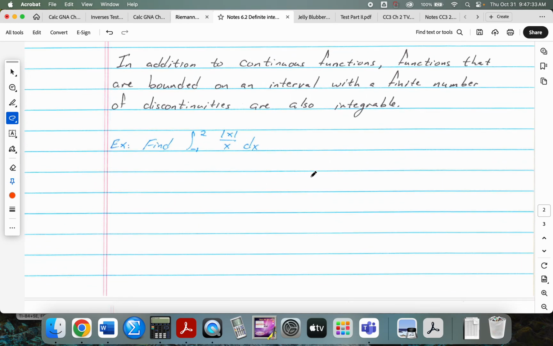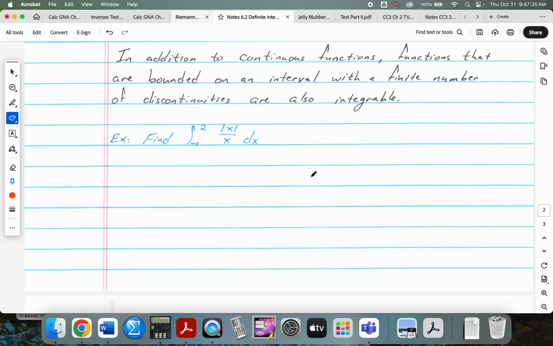All right, in addition to continuous functions, functions that are bounded on an interval with a finite number of discontinuities are also integrable. This one I've seen, not this question, but I've seen diagrams that use this idea on the AP exam. So here, I've got the integral from -1 to 2 of the absolute value of x over x.